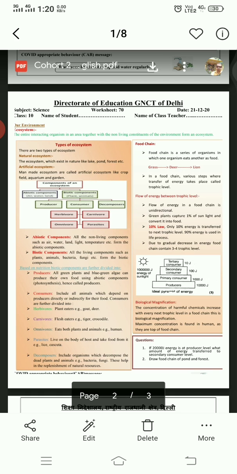So all these living things present in an ecosystem are considered as biotic components.